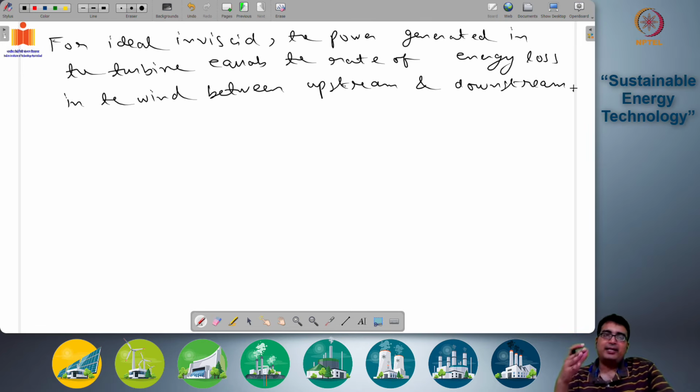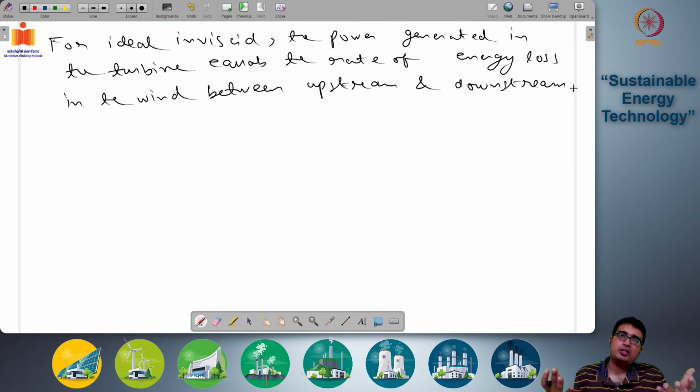What do we mean by this? If you have an inviscid flow, that is, there is no frictional energy losses, then the total energy transferred to the turbines is equal to the total energy lost by the wind.